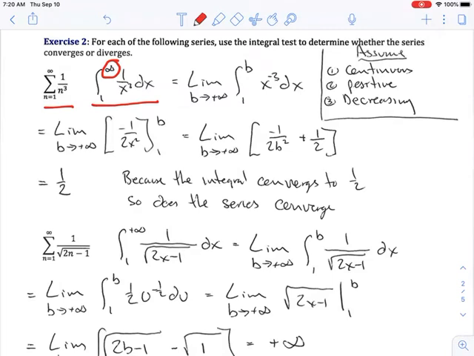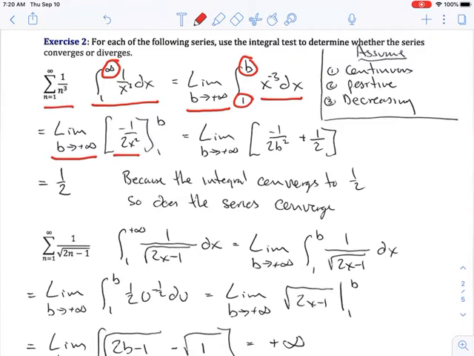So we're going to take the limit as b approaches positive infinity from 1 to b of x to the negative 3 dx. I just brought the x cubed up to the numerator, made it x to the negative 3. Okay, so integrating that, we get the limit, as b approaches positive infinity, of negative 1 over 2x squared, evaluated from 1 to b.